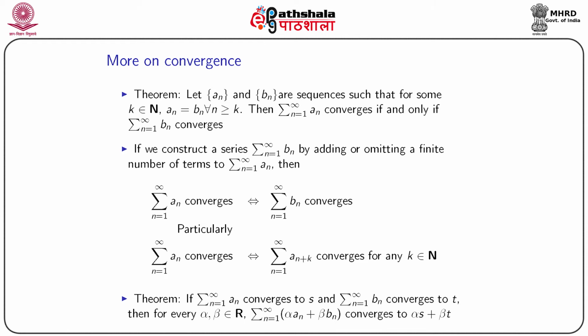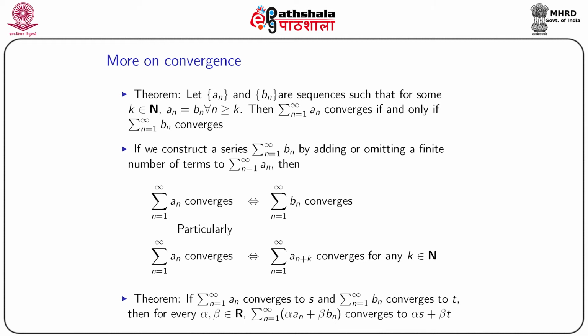We are not going to prove all these theorems that we will be stating, because most of them are found in any standard textbook of real analysis, and this is beyond the scope of this lecture. If we construct a series sum over Bn, n from 1 to infinity, by adding or omitting a finite number of terms to sum over an, then sum over an converges if and only if sum over Bn converges.